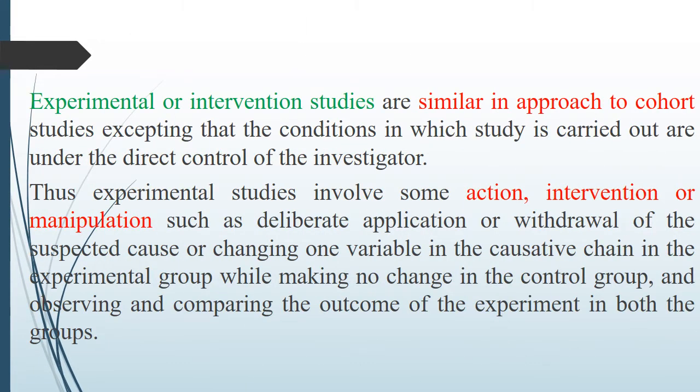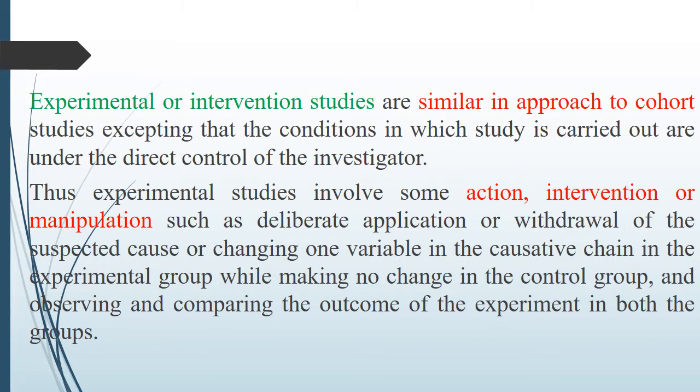Next we will see about the experimental or interventional studies, which are similar in approach to cohort study. As we have seen, cohort study is looking forward, we are seeing the future. Same like this, experimental or interventional studies, but here some interventions or manipulation will be present.